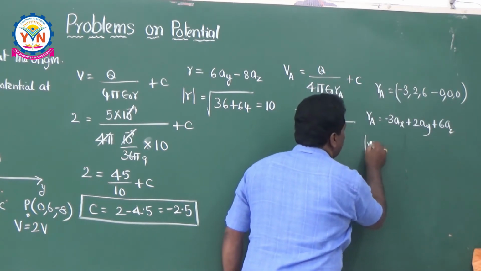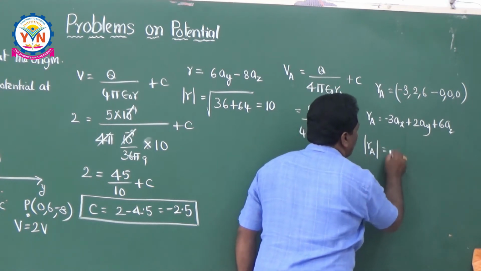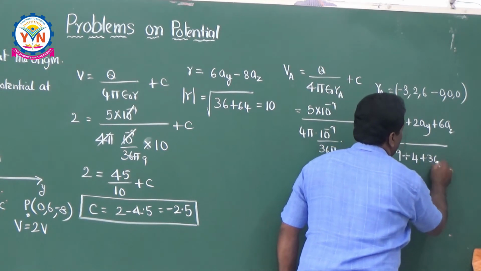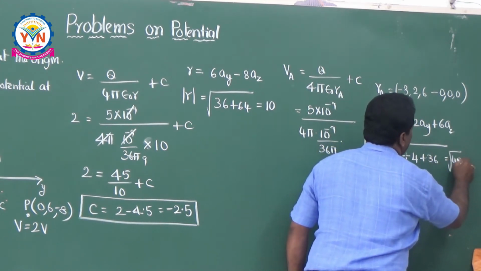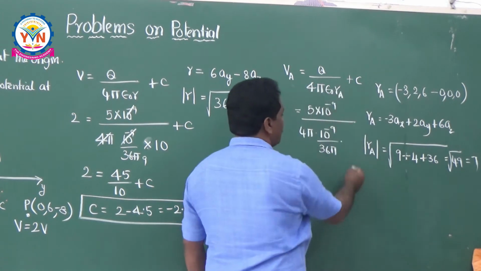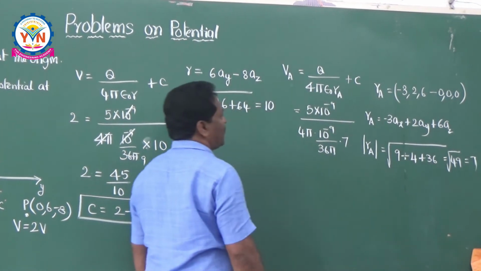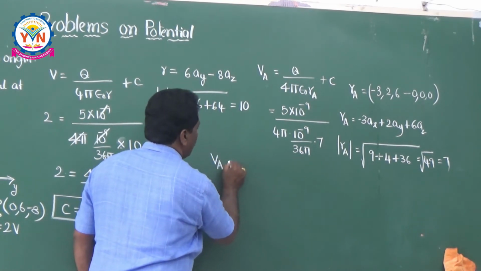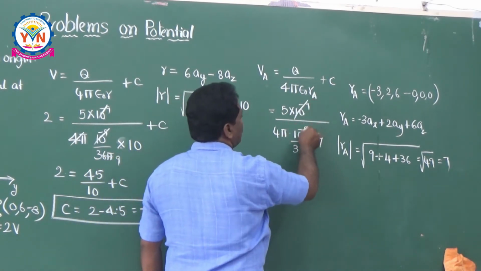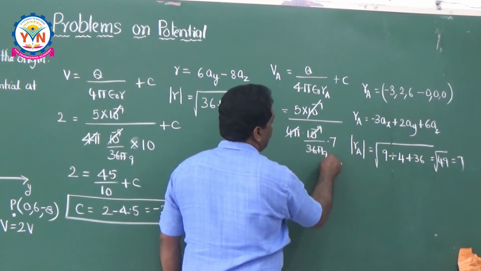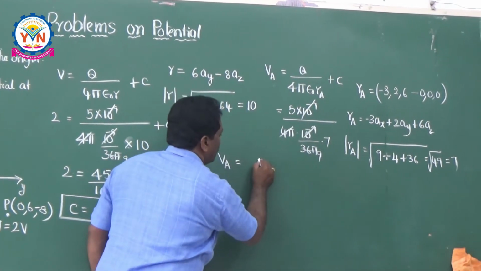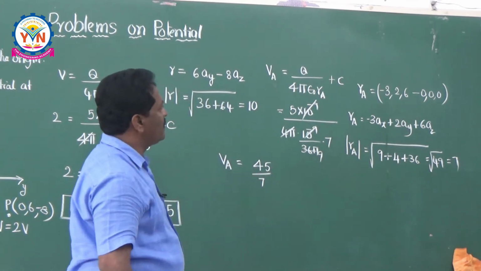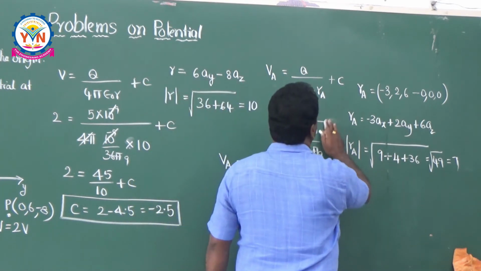Therefore, what is the RA magnitude? Magnitude of RA is equal to root of 9 plus 4 plus 36, that is equal to root 49, that is equal to 7. So RA is equal to 7. I am substituting 7 here. Therefore, your VA is equal to, just cancel this, and this is 9 times 5, 45 divided by 7, plus C. What is C here?